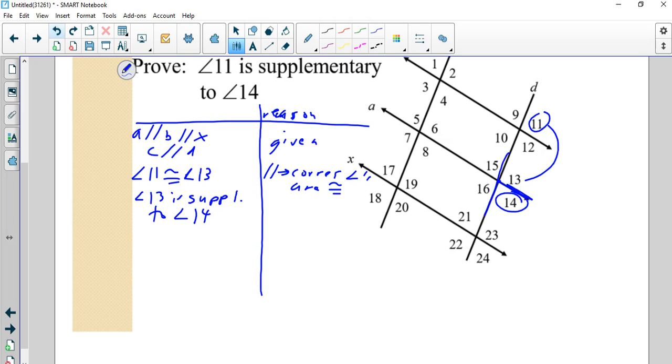So how do we justify that? Linear pairs are supplementary. We know it's a linear pair because, once again, they're touching each other, they form a straight line, common vertex, common ray.